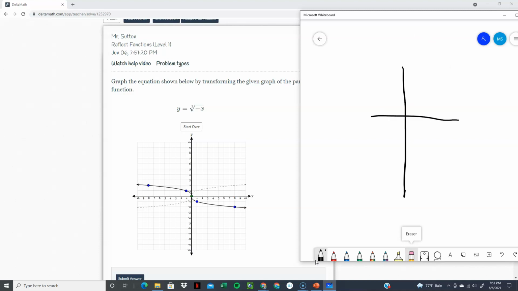This is our y-axis, there's our x-axis. So we have this point right here being reflected over the y-axis to here, right? So we get this new line going that way.